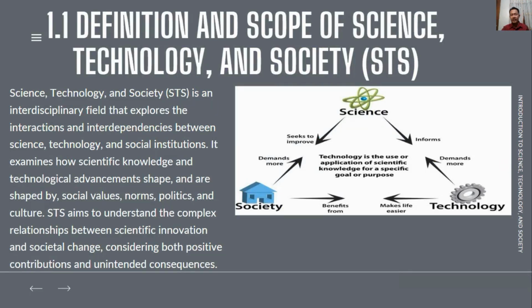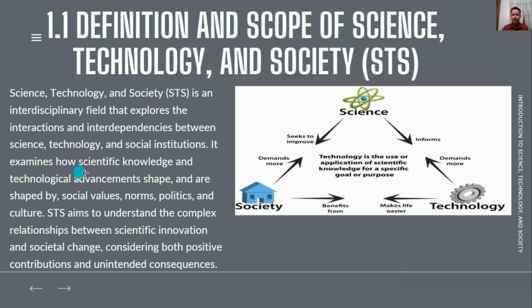So first, let's discuss the definition and the scope of science, technology, and society. Science, technology, and society is an interdisciplinary field that explores the interactions and interdependencies between science, technology, and societal institutions.